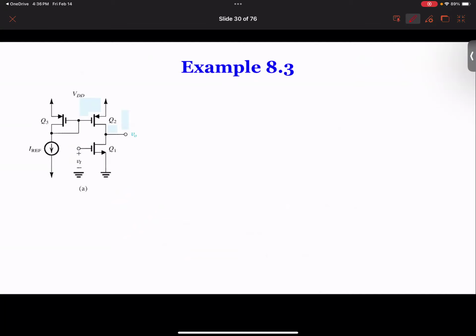So over here, we're going to solve for the W over L. To solve for W over L, we know that this VOV is given as 0.2 volt, of course. And then we know that this VGS, how do we calculate VOV?